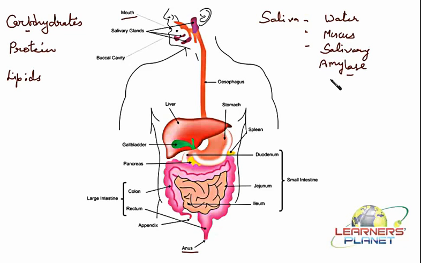Now, an important thing you should mention while writing your answer is that starch is not completely digested into maltose in the buccal cavity. The reason is that the time for which the food material is present in the buccal cavity is very less. You know it yourself.